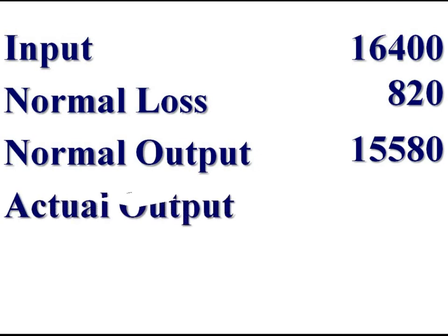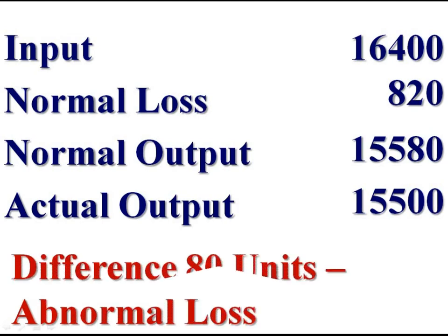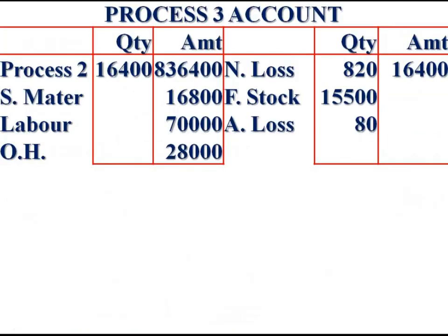Actual output we are given 15,500. There is shortage of 80 units in actual output. That 80 units is abnormal loss. Normal output 15,580. Actual output 15,500. The difference 80 units being abnormal loss, and it is to be credited.